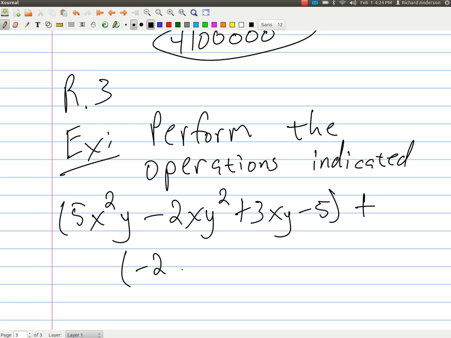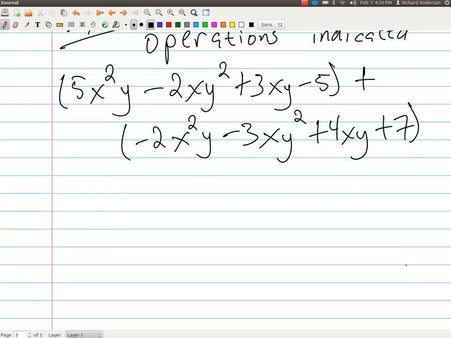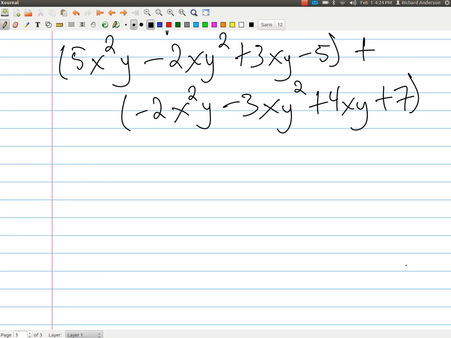Negative 2x squared y minus 3xy squared. And then plus 4xy plus 7. Close parentheses. So really here what this turns out to be is just an exercise in combining like terms.